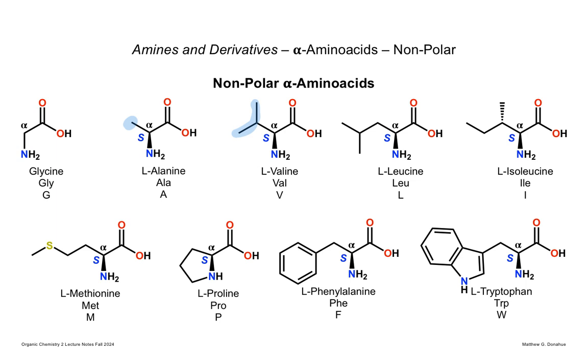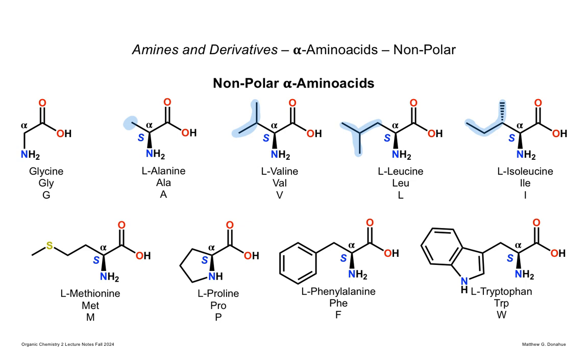Leucine is Leu or L, that would be an isobutyl group, so that's 4 carbons. Isoleucine has 2 stereocenters, and it's still a butyl group, but now it's a secondary. It's attached to carbon 2 of that chain.